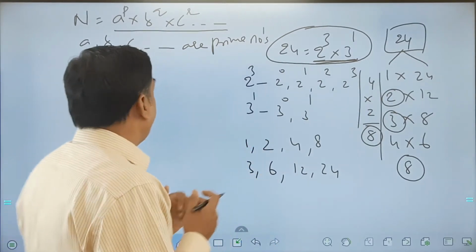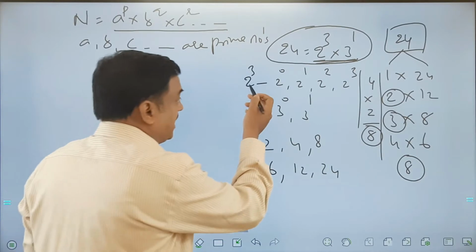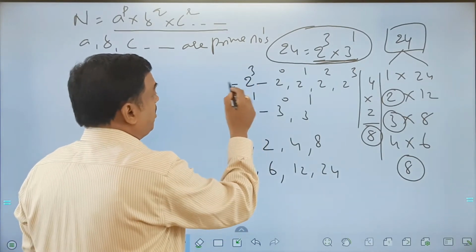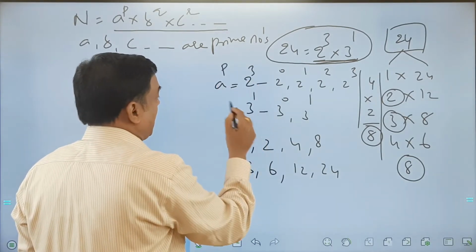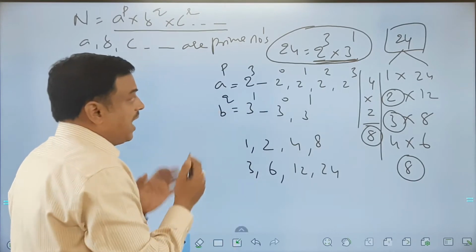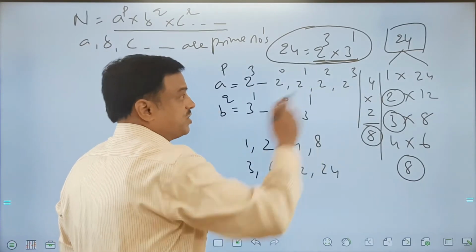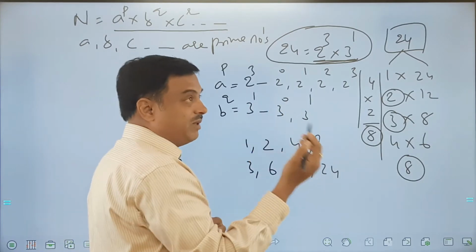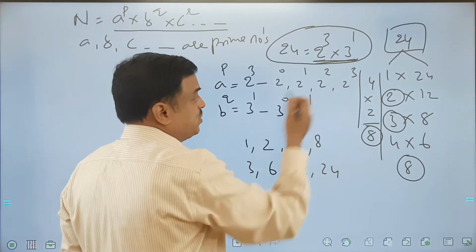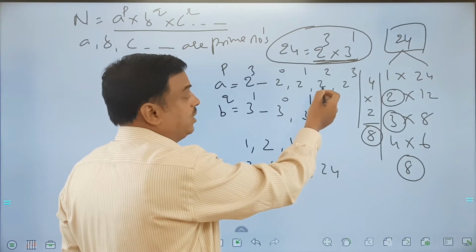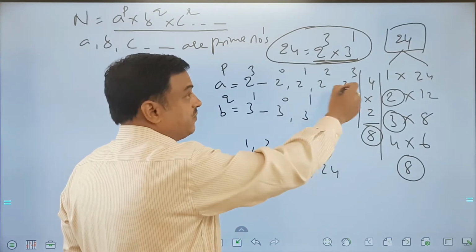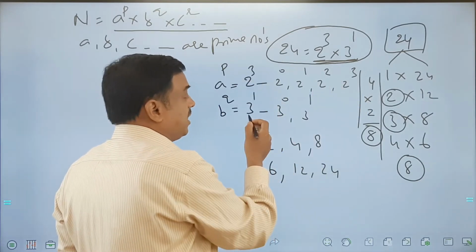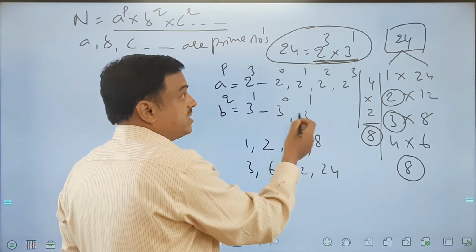Now, whatever I got in the form of a to the power of p and b to the power of q, I split them into factors. Like 2 power 3 is 8, and 2 power 0, 2 power 1, 2 power 2, 2 power 3 are the factors of 2 power 3. Here the power is 1, so I got 3 power 0 and 3 power 1.